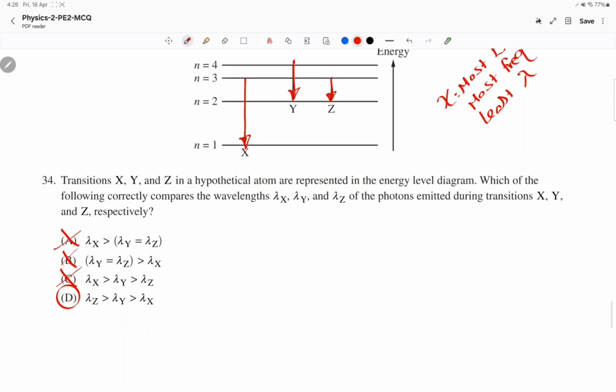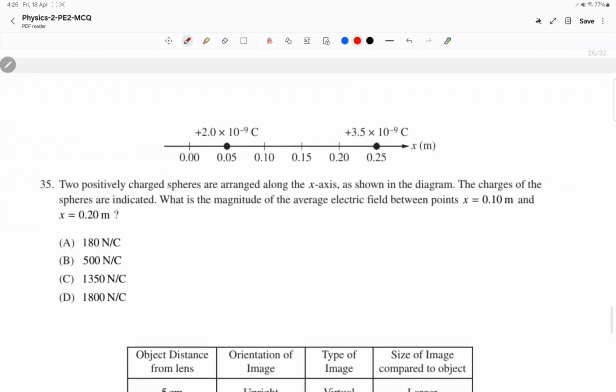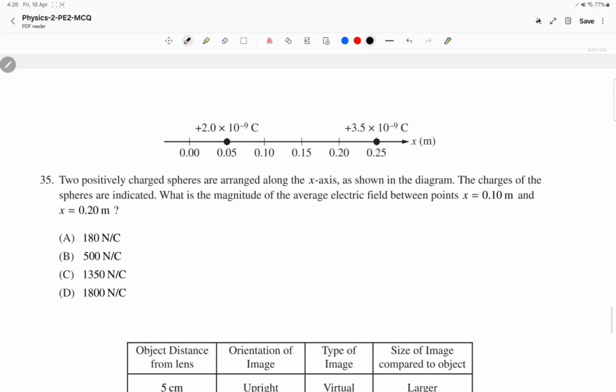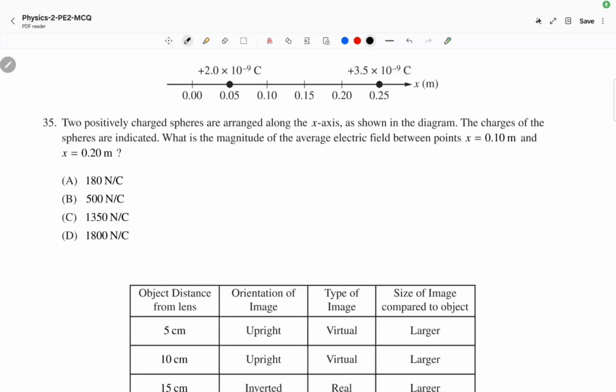35. Okay, let's take a look at this question. Let's find the average electric field between x of 0.10 and x of 0.20.